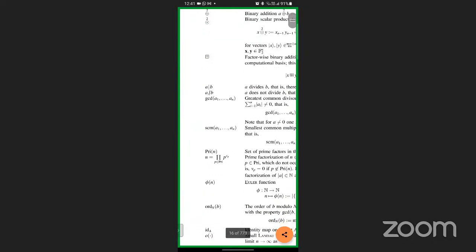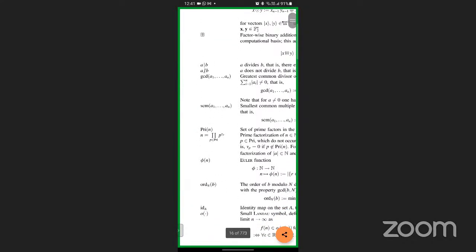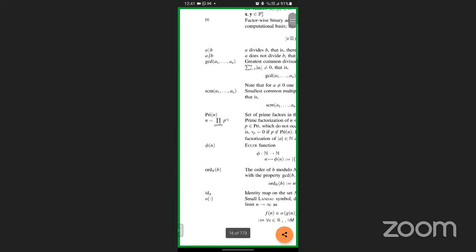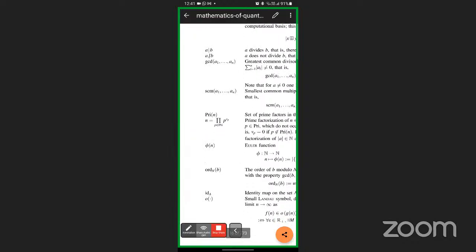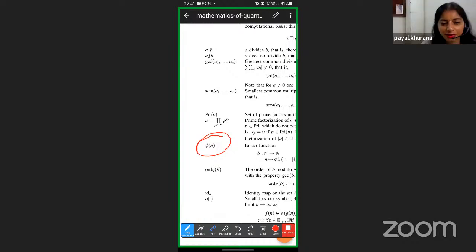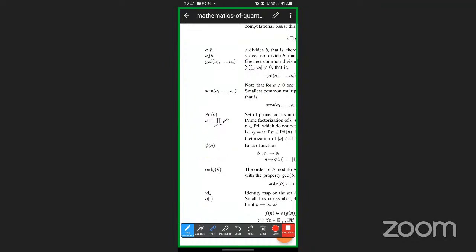GCD, LCM, prime power factorization, and then this is, I'll just point out some important notations, Euler's phi function. Has anybody heard of Euler's phi function? Heard but do not remember, sir. You don't remember? Okay.